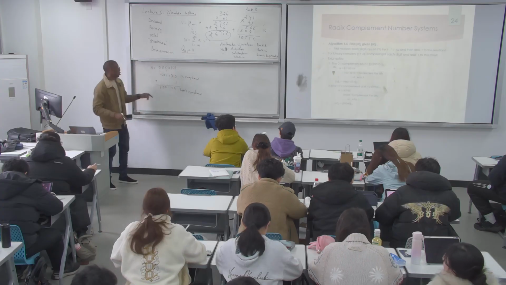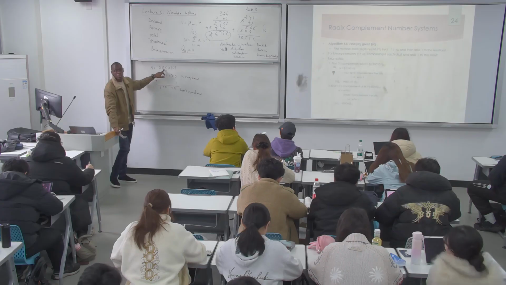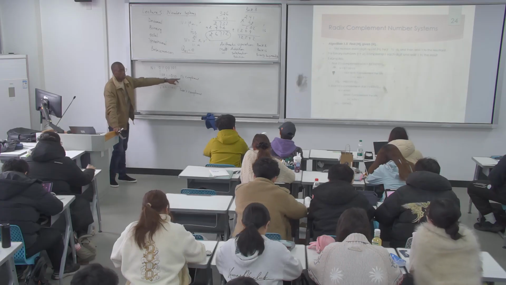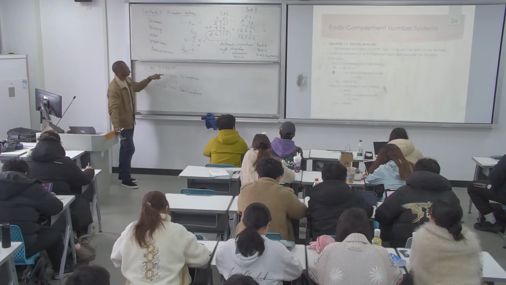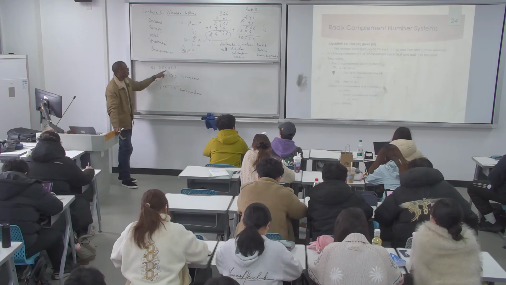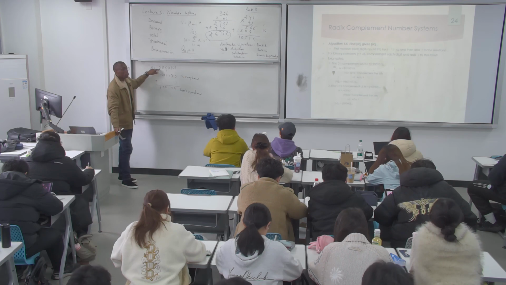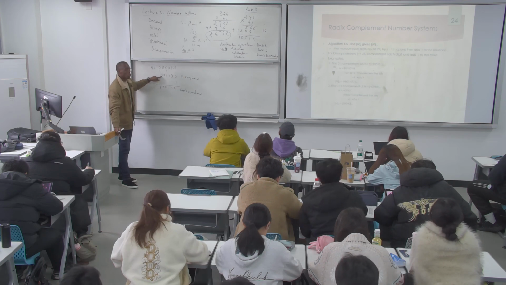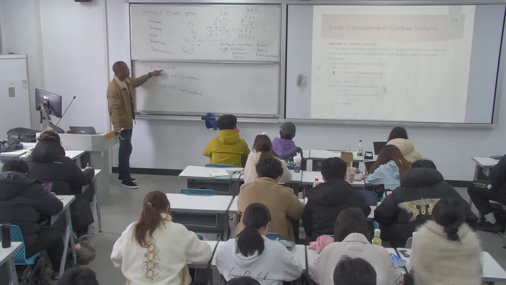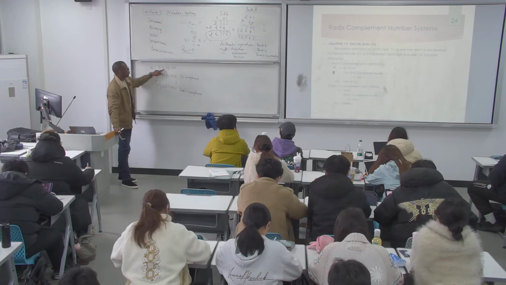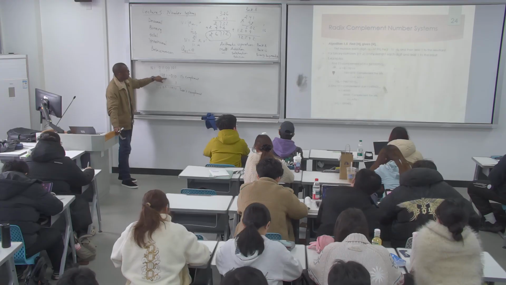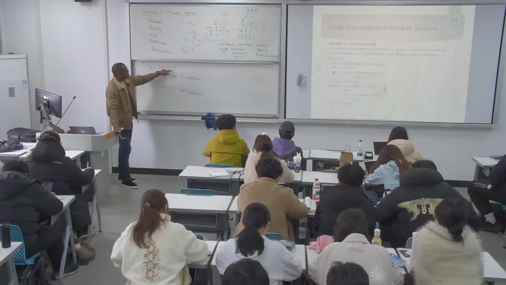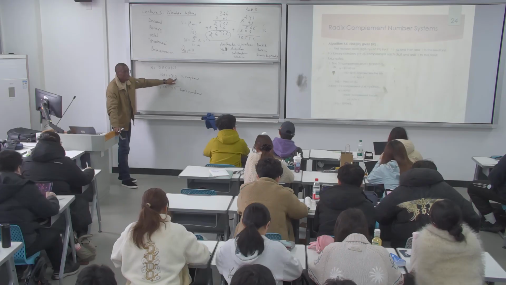Clear? So if you have this number and you want to find 2's complement of this binary representation, the first thing you do, you invert all the bits. If you invert the bit 0, it's going to be 1. If you invert the bit 1, it's going to be 0. This is 1's complement.